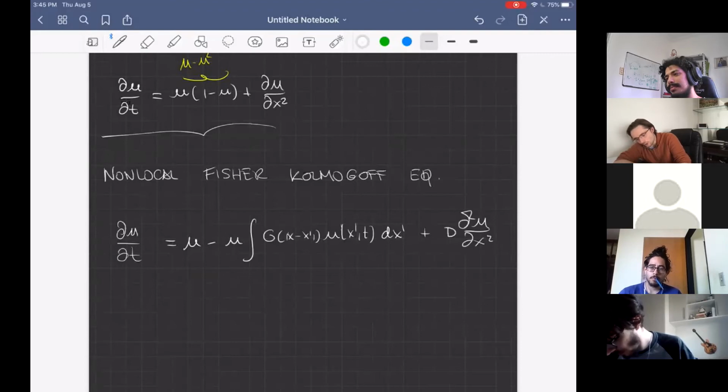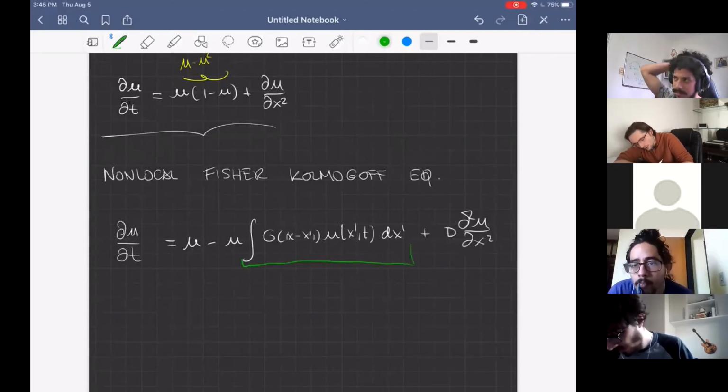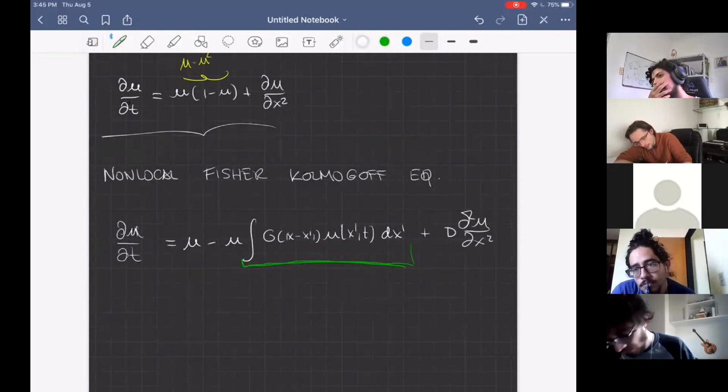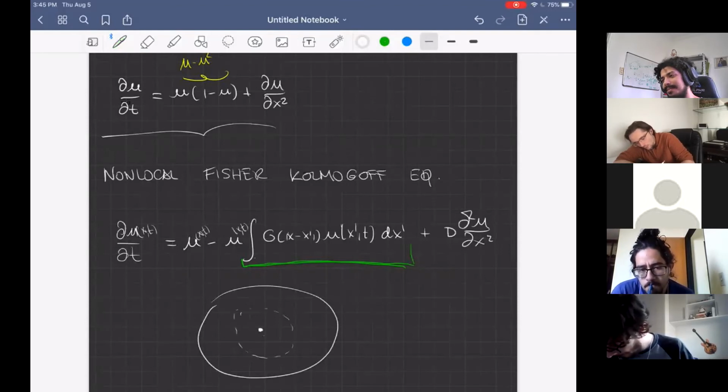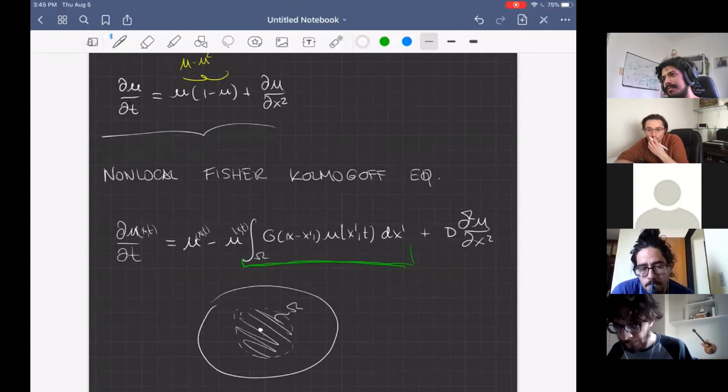And it is called non-local because spatial interactions happen between, and maybe I should write x, t, but the idea is that this quadratic term happens between individuals that are at position x and individuals that are within some omega domain around it. That's why it's called the non-local Fisher-Kolmogorov equation.